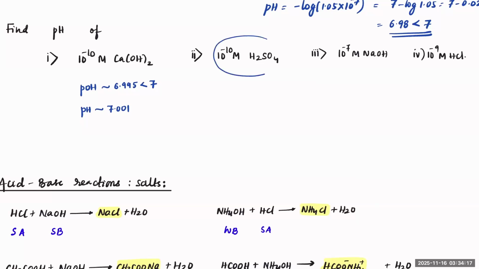Similarly, for 10 raised to power of minus 10, the same logic, the pH value will be very, very close to 6.995. So this will be very close to 6.995 like this. And the pOH value will be very, very close to 7.001, or 7.005, anything.